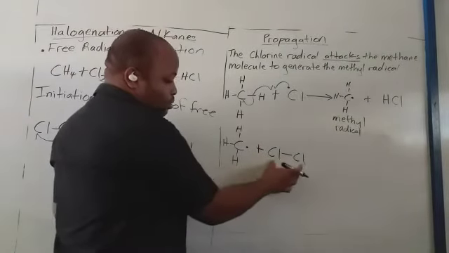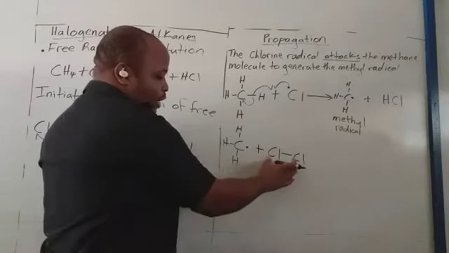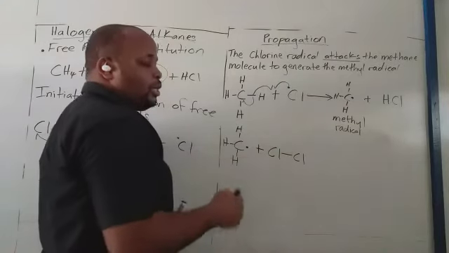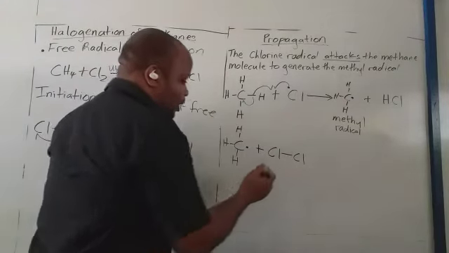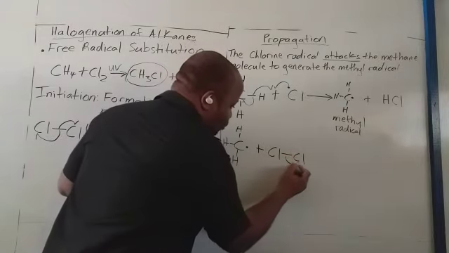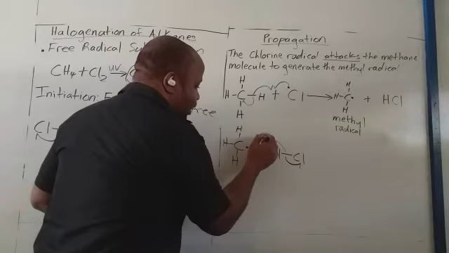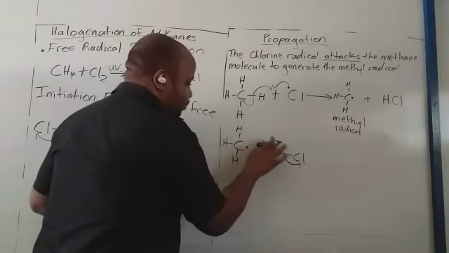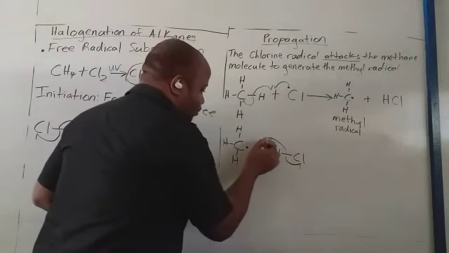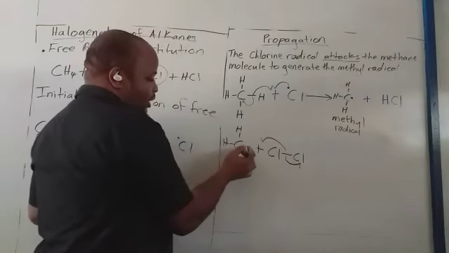Remember, it's 2 chlorine atoms. The molecule is non-polar. If it breaks, it's going to break homolytically. So this chlorine will get 1 electron, this chlorine will get a next electron. This carbon here has an electron.